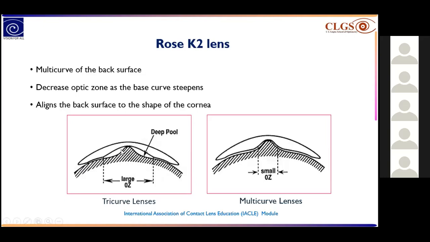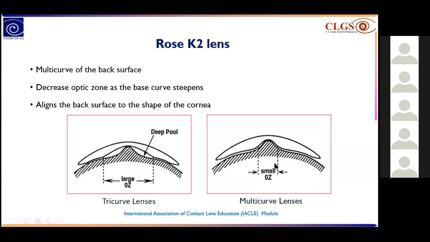That will create deep pooling of tear at the base of the cone, along with a narrow or tighter peripheral fit, which can lead to corneal hypoxia in the long term. To avoid this problem, you fit Rose K2 lenses in the keratoconus patient.